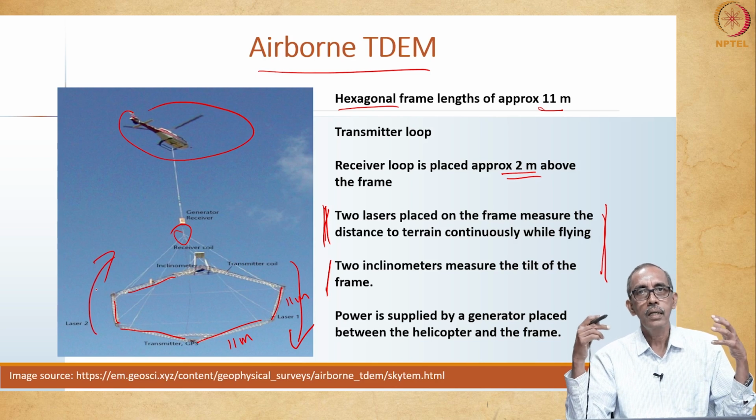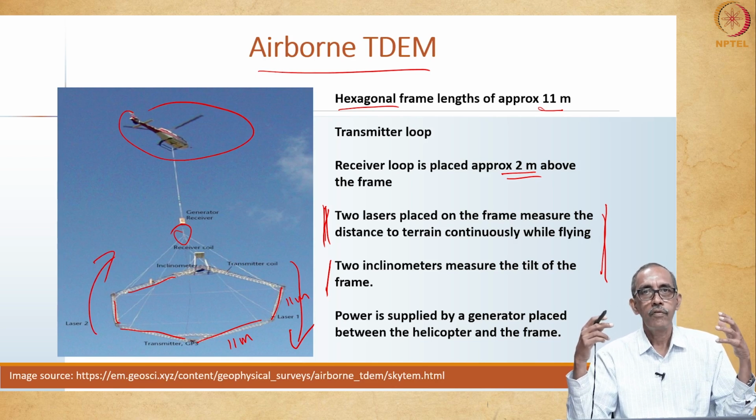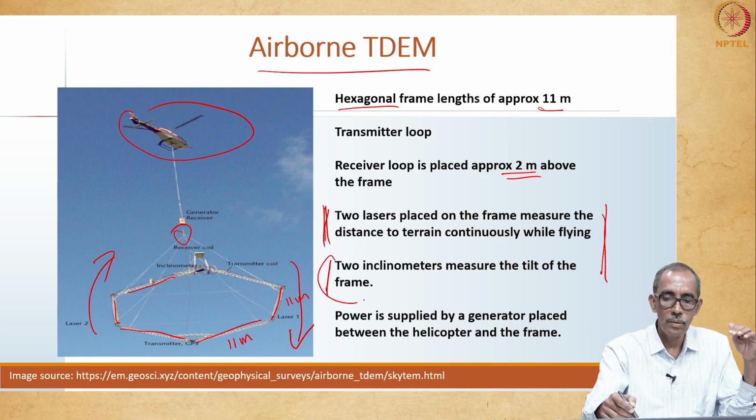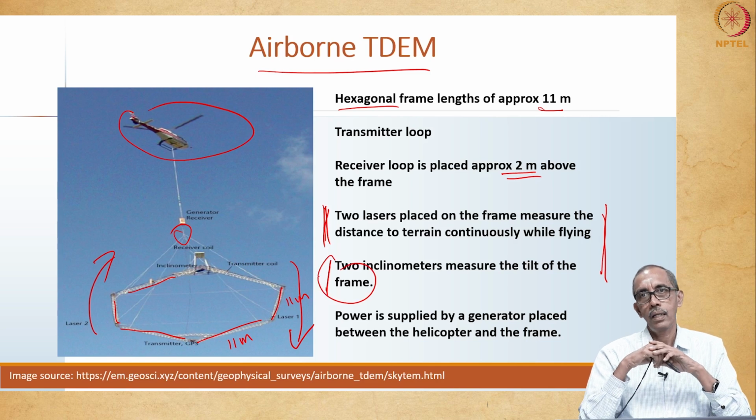Because when you fly, it is difficult, the frame may get slightly tilted considering the speed at which the helicopter is moving, and also due to prevailing wind conditions, which also have to be measured by us, so that if there is any flaw in the data which we have collected, we can check whether it is because of tilting, right.